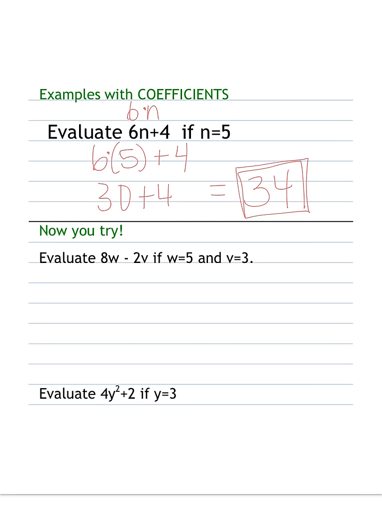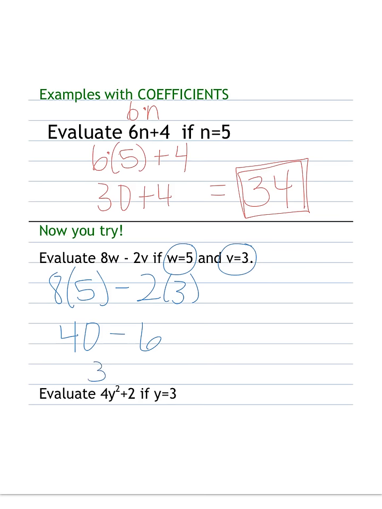So first I'm going to plug in my numbers here into my expression. 8, it's going to be times 5, minus 2 times 3. Order of operations says that we work left to right. Well, 8 times 5 equals 40. 2 times 3 is 6. 40 minus 6 equals 34.